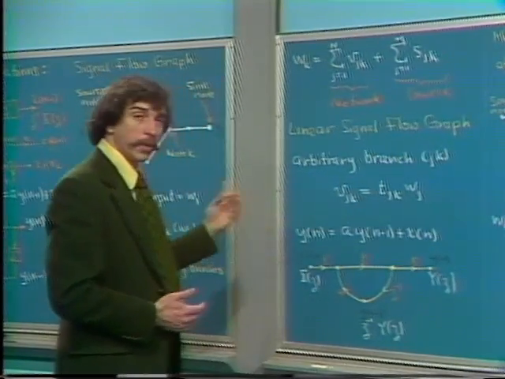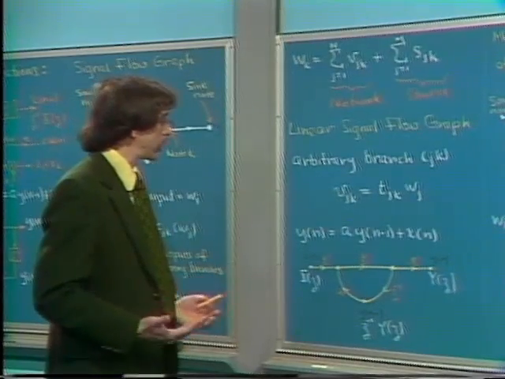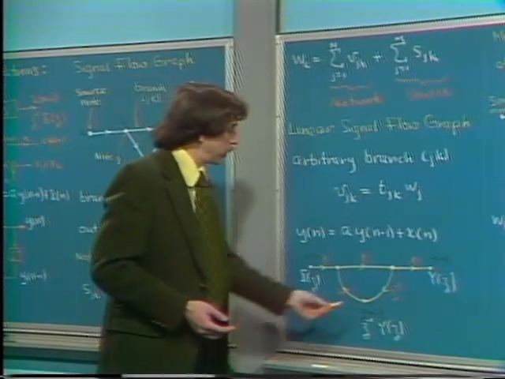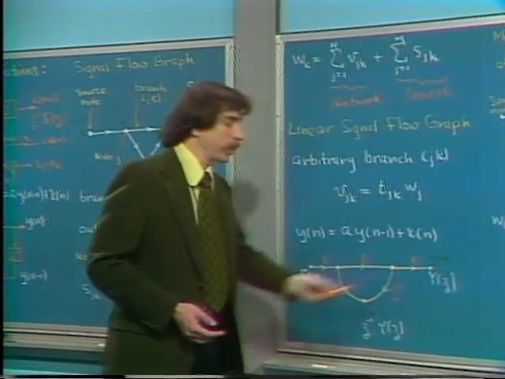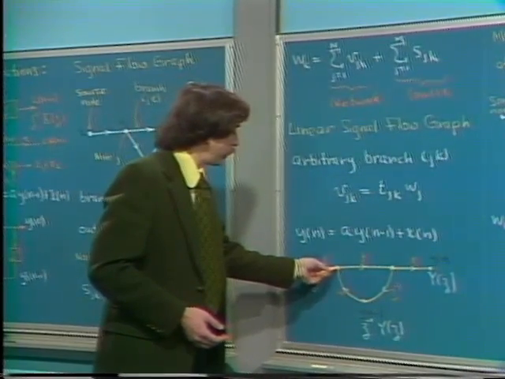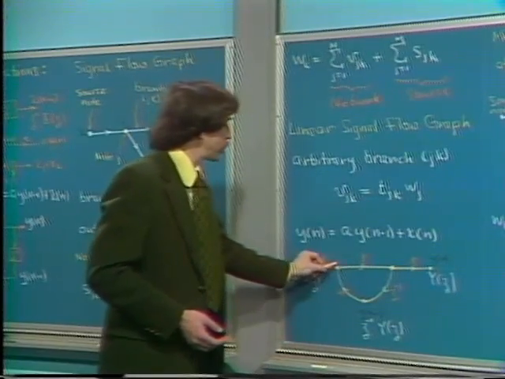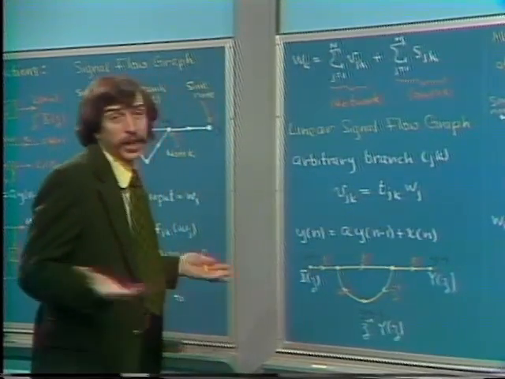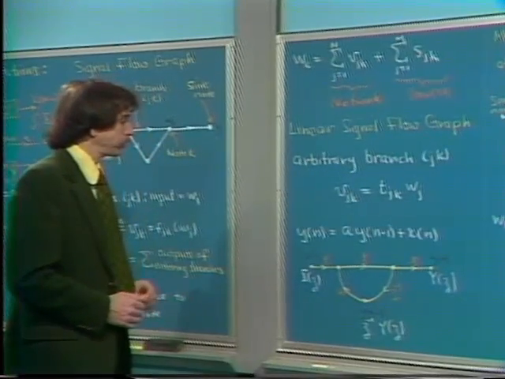And in fact, if you compare it back to the block diagram representation, it is basically the same, except for the fact that we've chosen to represent this delay branch a little differently, and we've used the algebra of signal flow graphs to do the addition at nodes rather than explicitly putting in an adder. And that's really the only difference.